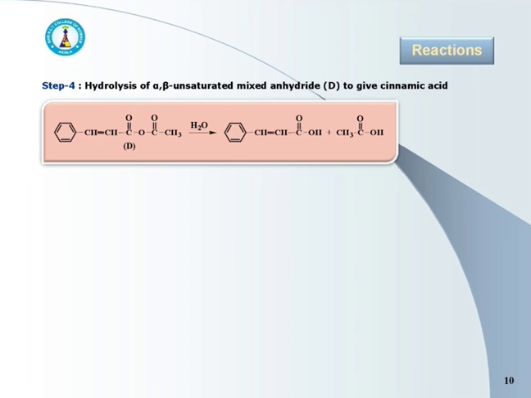Here, anhydride D gets hydrolyzed to form the final product cinnamic acid with loss of acetic acid. This is the complete mechanism for conversion of benzaldehyde to cinnamic acid. This is the mechanism of Perkin's reaction.